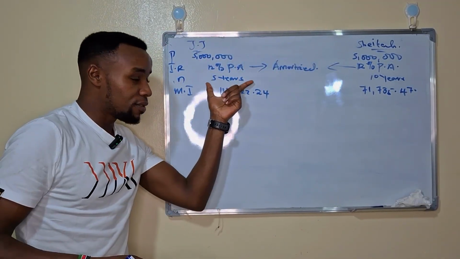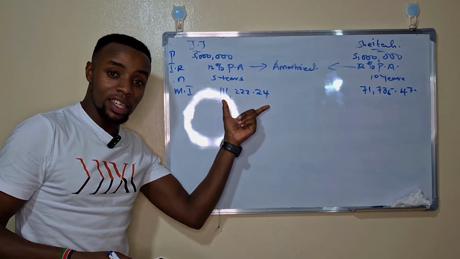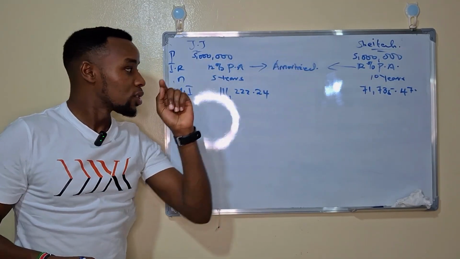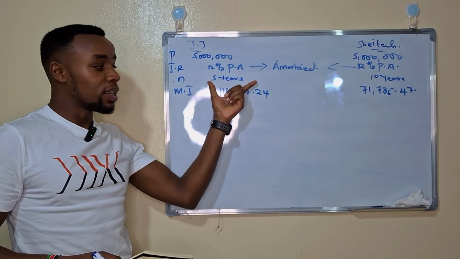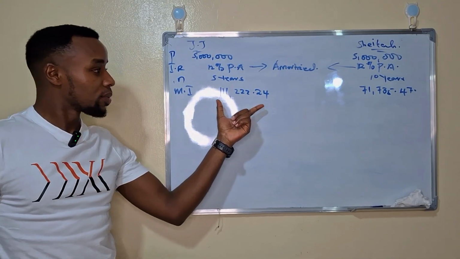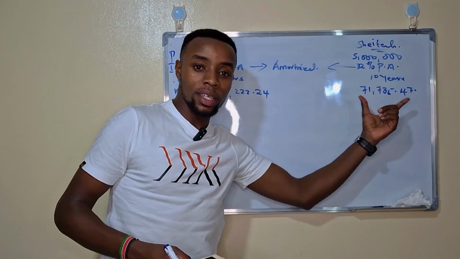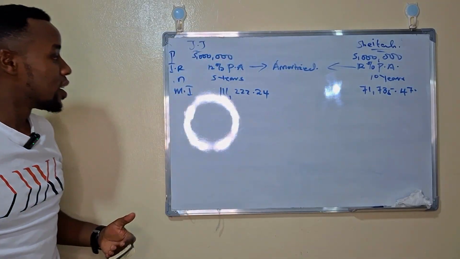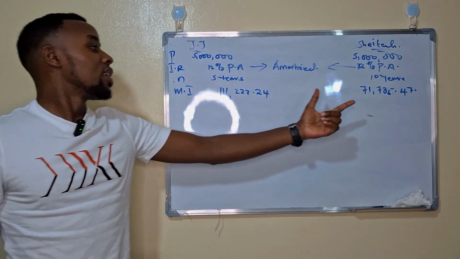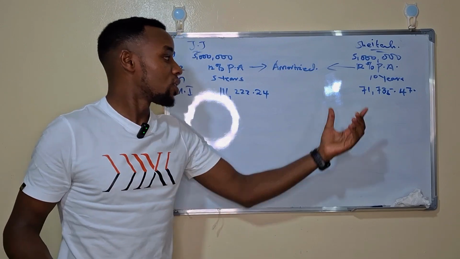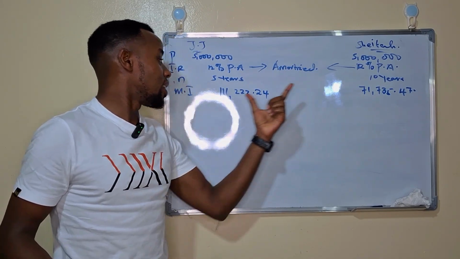JJ is paying for 5 years, but if you check, the monthly installment is high. So, the lower the repayment period, the higher the installment. The higher the repayment period, the lower the installment. That is how they normally alternate. JJ is going to pay 111, Shayla is paying 71. Of course, Shayla is paying less than JJ.